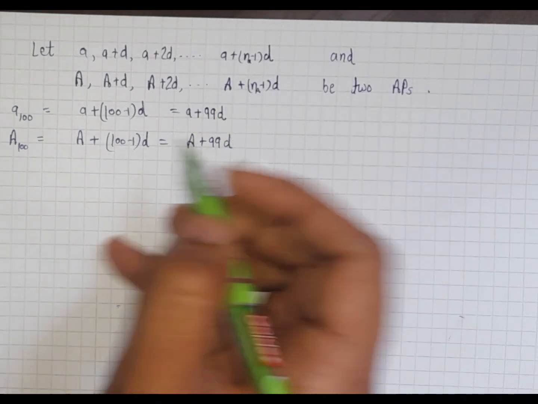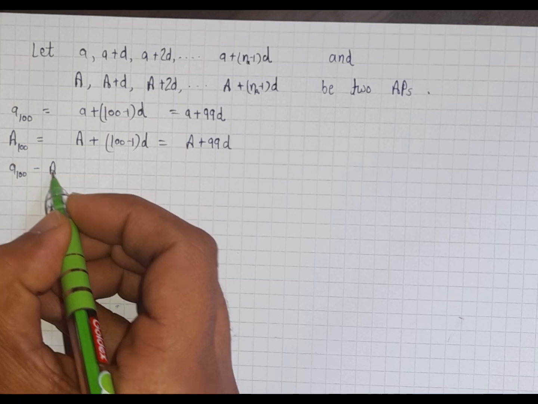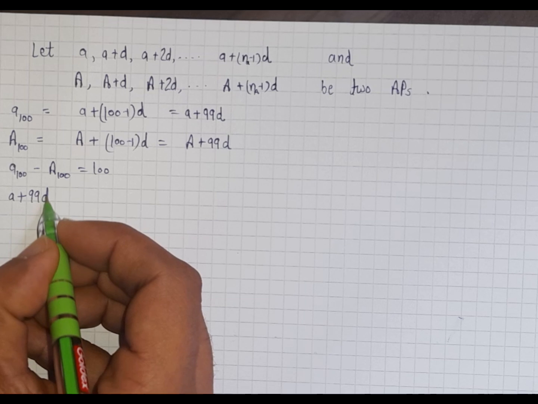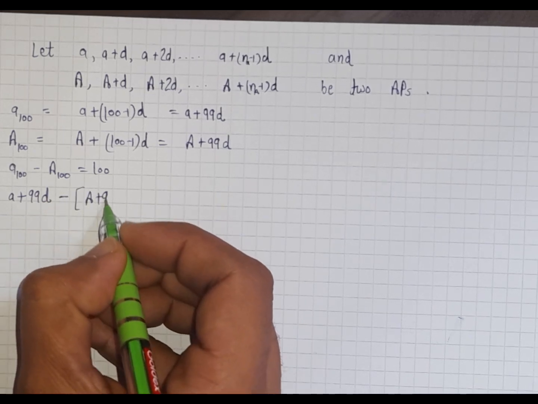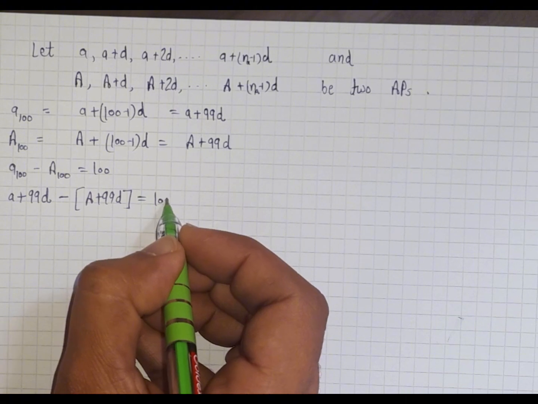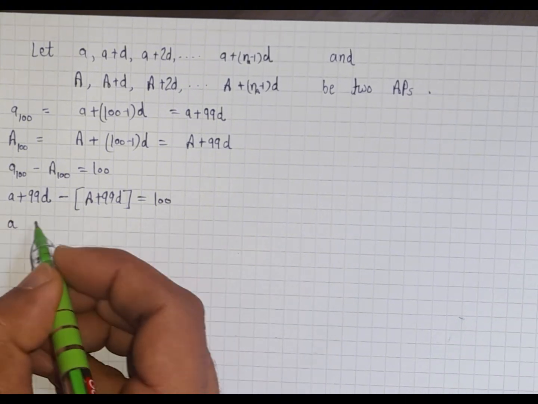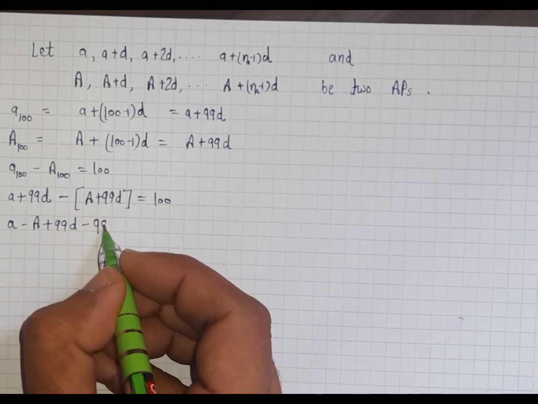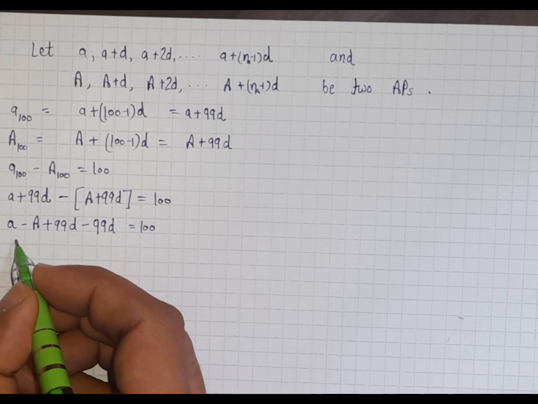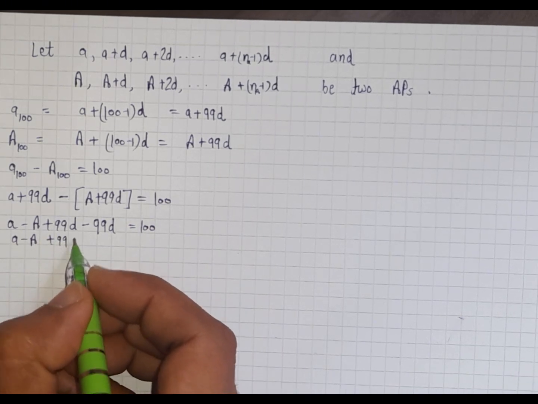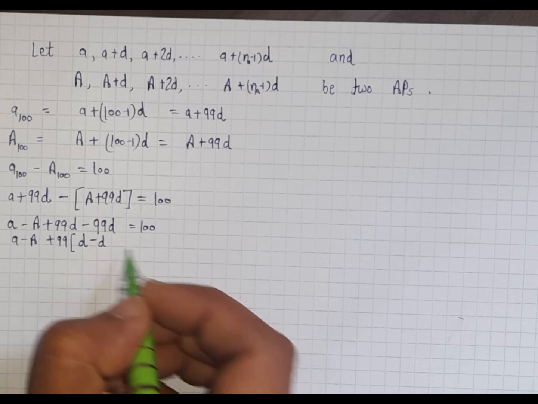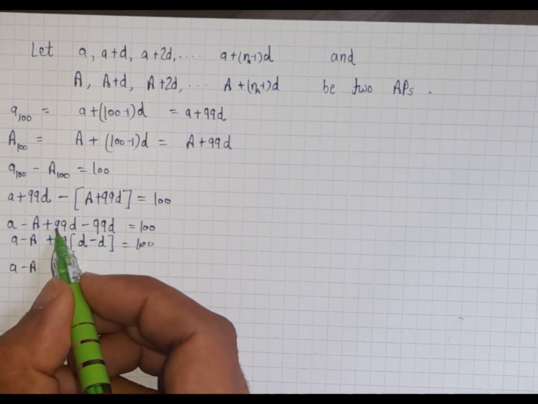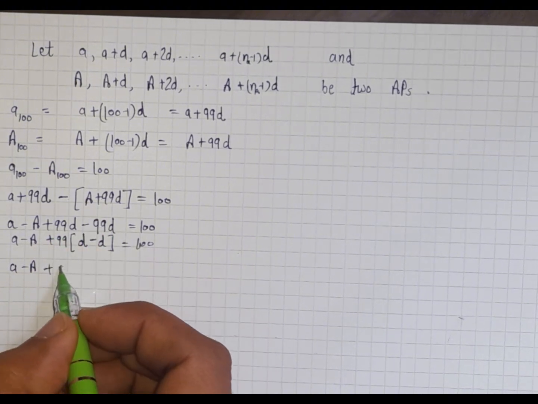It's given that the difference between their 100th term equals 100, that is, (a plus 99d) minus (capital A plus 99d) equals 100, that is, a minus capital A plus 99d minus 99d equals 100. The 99d minus 99d equals 0, so they simply cancel each other out.